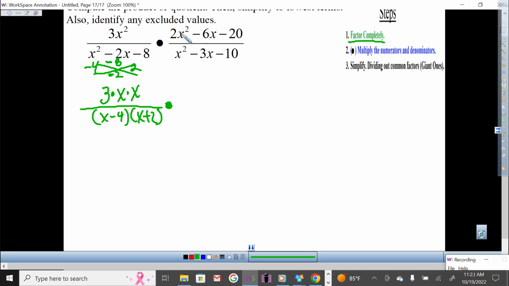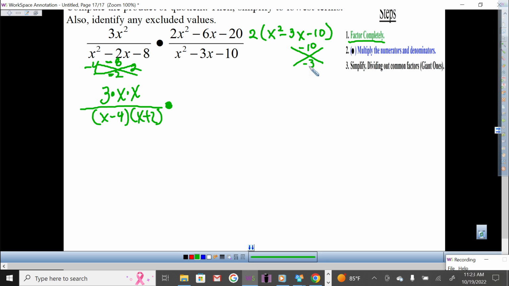Go to the second fraction, numerator. Is it in standard form? Yes. Is there a GCF? Yes, what is it? 2, and we're left with x squared minus 3x minus 10. Can we continue factoring the trinomial? Yeah.